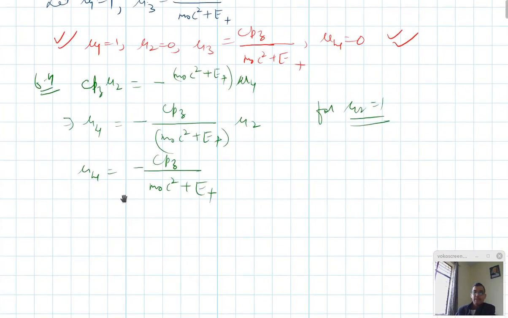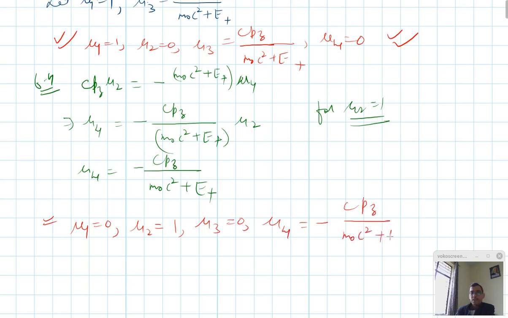Thus we have the solution of this form: u1 is equal to 0, u2 is equal to 1, u3 is equal to 0, and u4 is equal to minus cpz over m₀c² plus E plus. That's what I'm getting here.